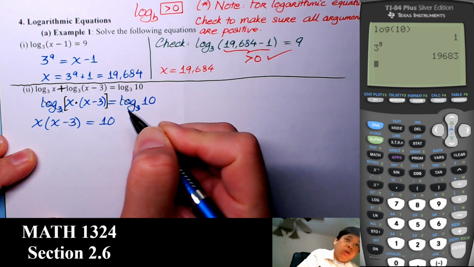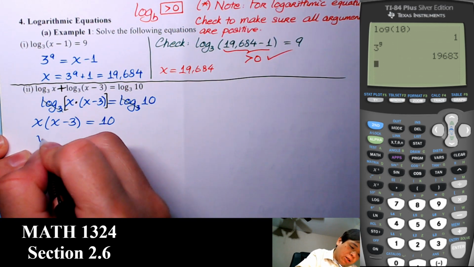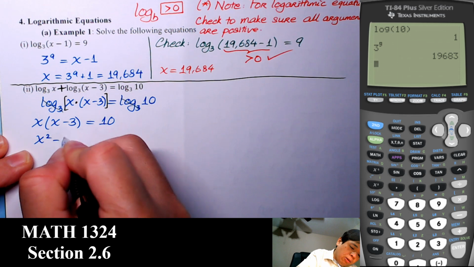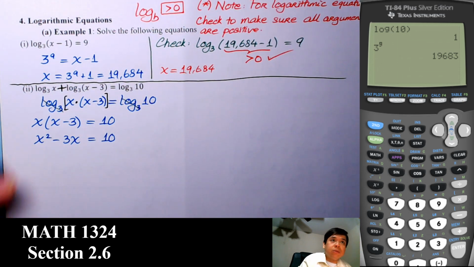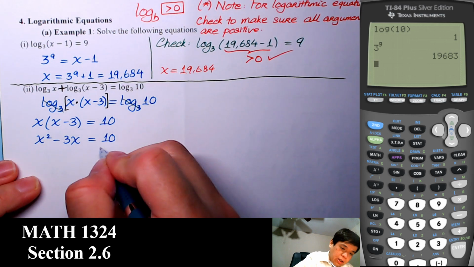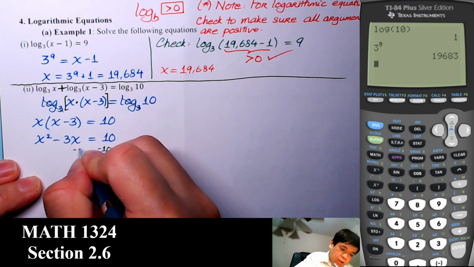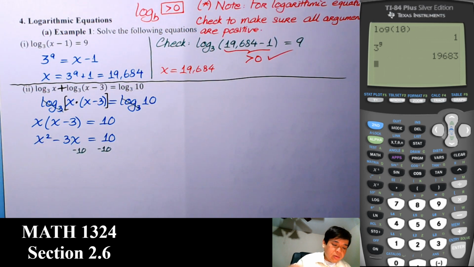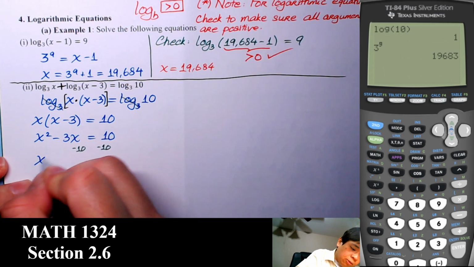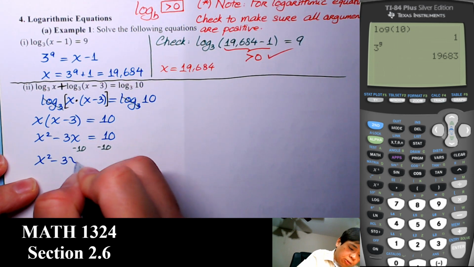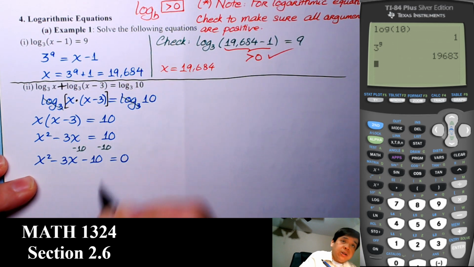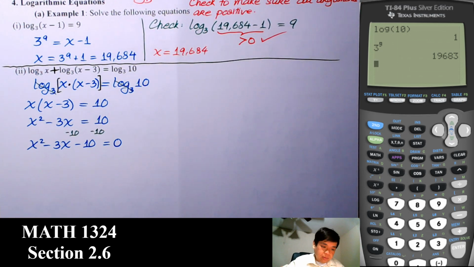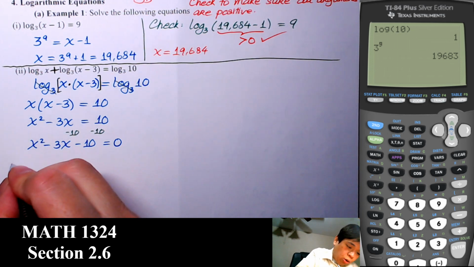Now we just need to solve for x. Multiply them out. x squared minus 3x equal to 10. Now subtract 10 on both sides. Now we solve for x. Just use the quadratic formula here.